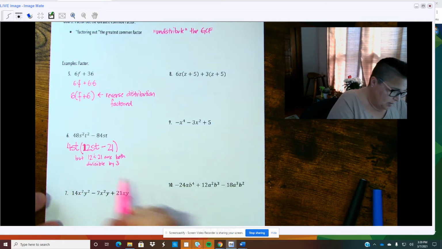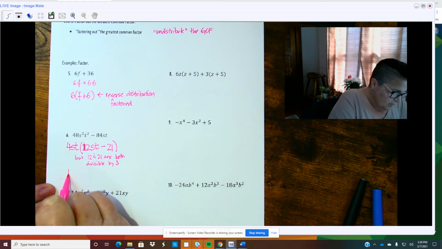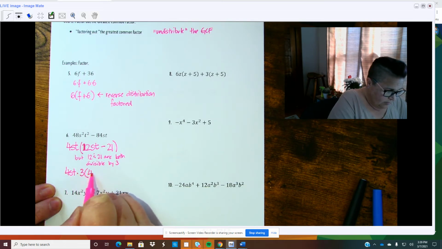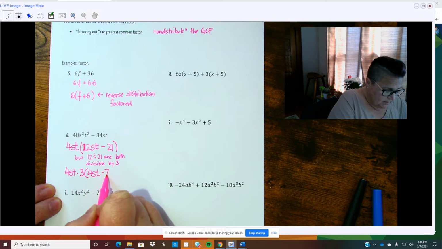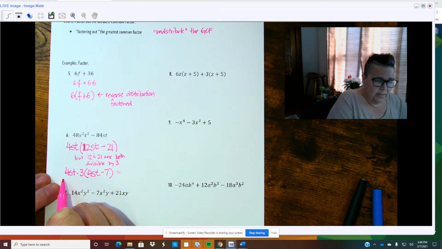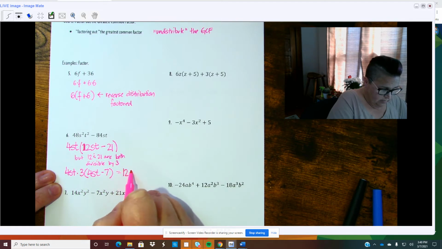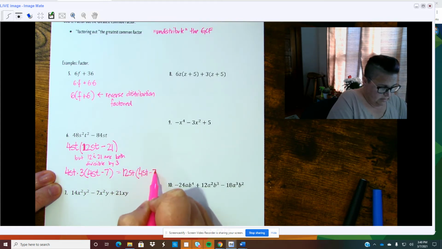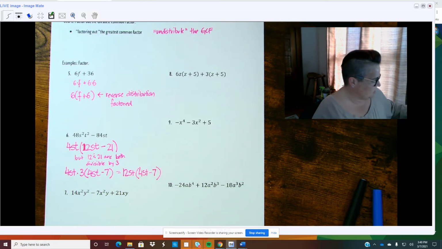Well, I pull out a 3. So now I've got 4st, and now I'm going to pull out a 3, and that's going to leave me with 4st minus 7. So now I can multiply that 4 and that 3, and I got 12st, 4st minus 7. And that should do it.